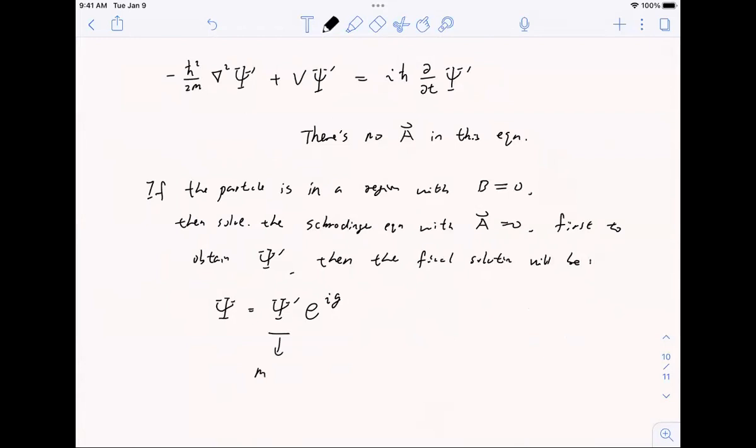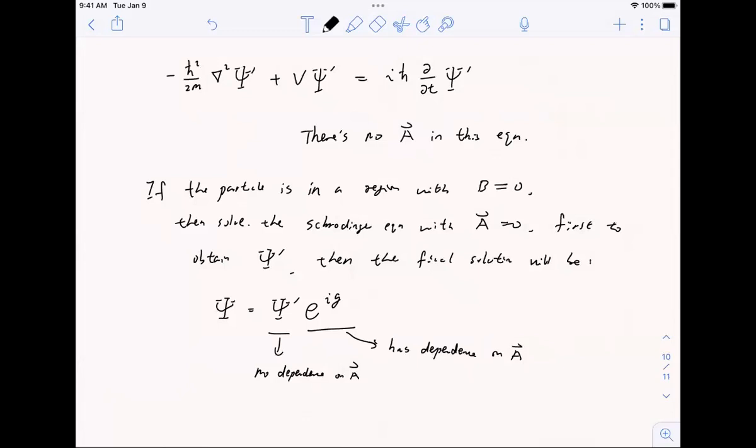This one has no dependence on A. This one has dependence on A.